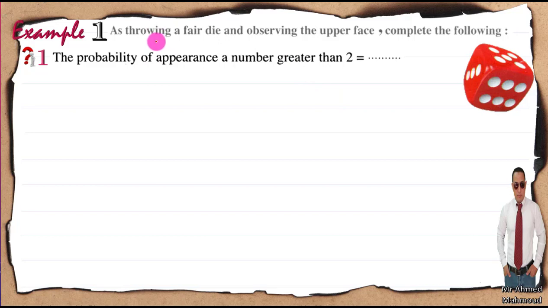S, the sample space, equals {1, 2, 3, 4, 5, 6}, and I'm going to call this event A. A equals the set of numbers greater than 2, so it will be 3, 4, 5, and 6.